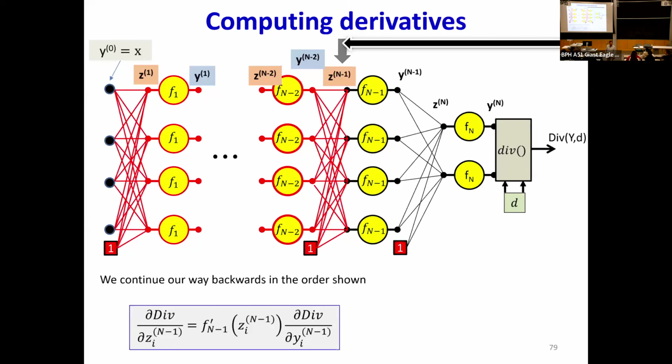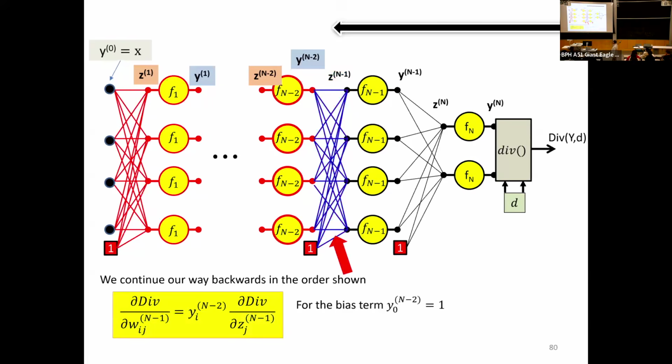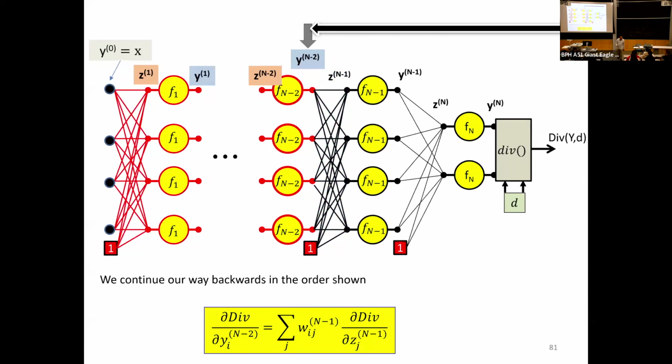Anyone? Yeah. Right here, yes. Wait, no, z of n minus 2 or y of n minus 2? What else would you compute? The derivative of the divergence with respect to these weights. This is what we're trying to compute, right? And then you can go back and compute the derivatives with respect to the y's.